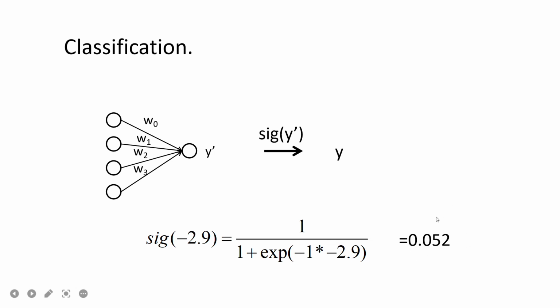What PyTorch assumed to be the first class is 0.052, or multiplied by 100, that is 5.2%. So there is a 5.2% chance that the image belongs to the first class.